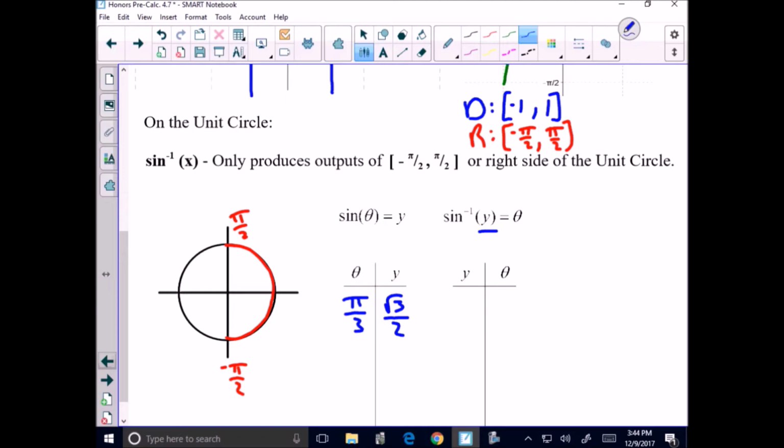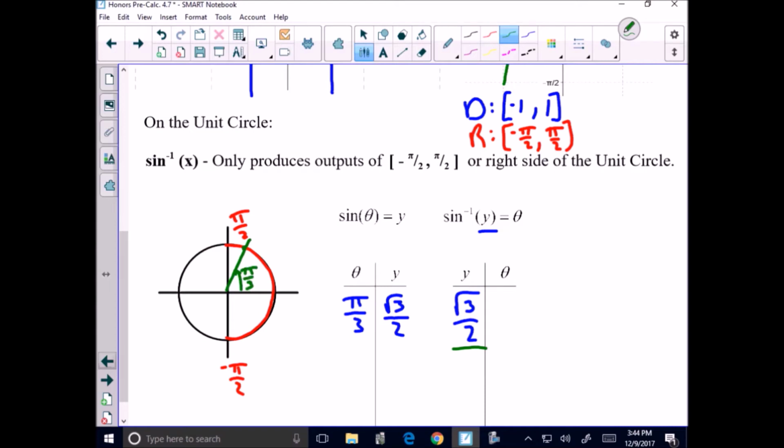Now right here, if we were to go ahead and evaluate the square root of 3/2 as a y value in inverse sine, we would say to ourselves, okay, what's the least amount of rotation I can do to give me this y value? And the least amount of rotation we can do is a rotation up in the first quadrant that is pi/3, right?